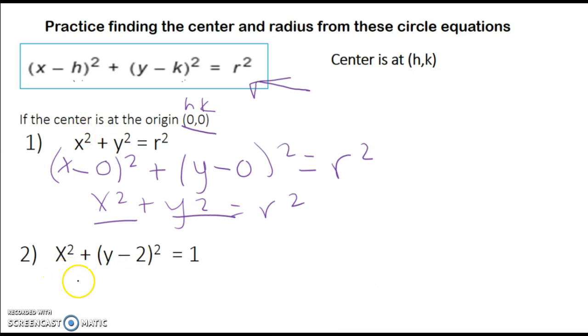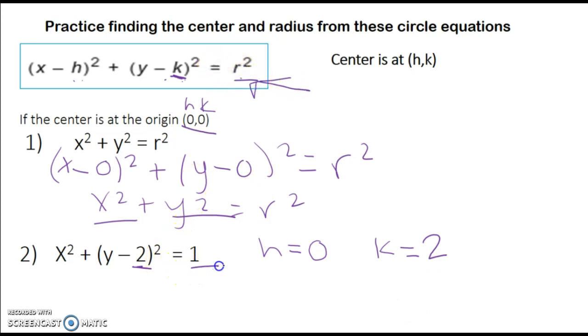But on number 2, notice we have just x squared, which means that the h value is 0, because it's (x minus h) squared. There's nothing being subtracted, so that means it has to be 0. And then it's (y minus 2) squared. So remember, the formula is y minus k. So the sign of k is going to be the opposite of what it looks like in the formula. When you see the minus 2, k is actually positive 2, because it's y minus k. And then remember, it's equal to the radius squared.